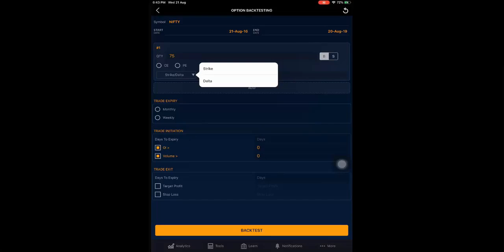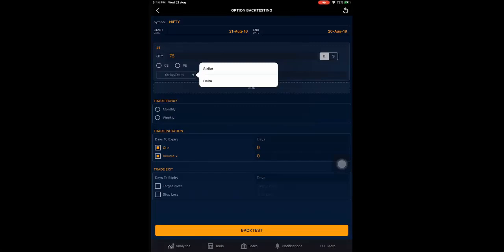When I say -2, it means 2 strikes below at the money. Clear? Very important. 0 at the money. 1 strike above. 2 strikes above. Similarly, you can go for 4, 6, whatever you want. -1 strike below. -2, 2 strikes below.